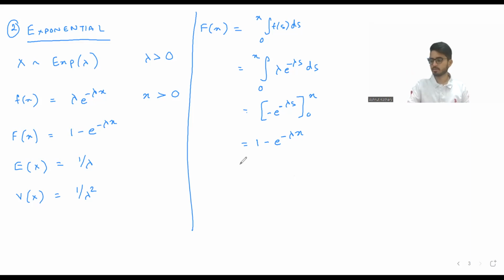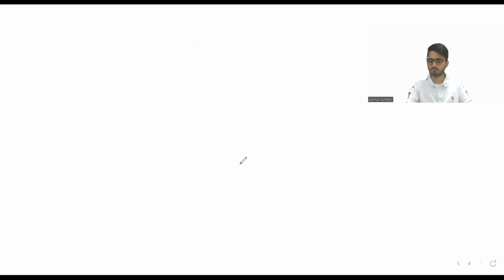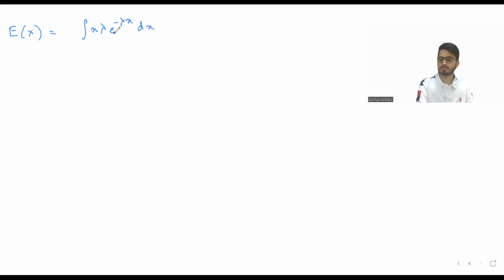Now let's take a look at the calculation of the mean, expectation of x. Expectation of x will be the integral of x lambda e to the power minus lambda x dx from 0 to infinity. Note that we had done something called a gamma integral earlier.